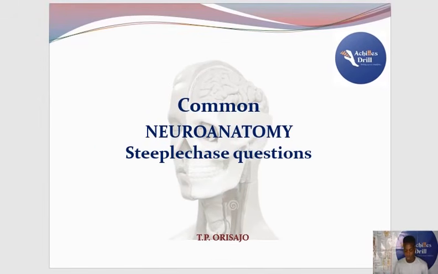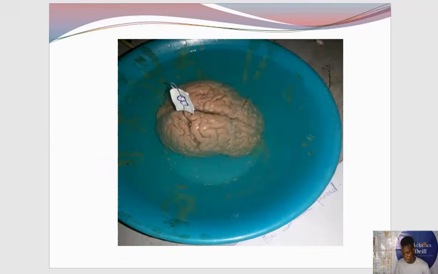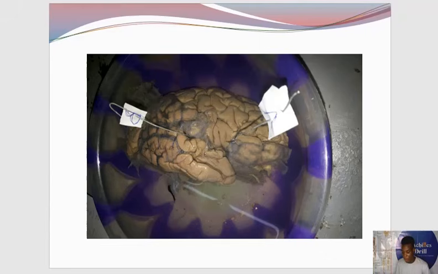Now, from this picture, you can see the superolateral view of the brain, and you can see right here that a structure has been pinned. If we are to be very specific, it is a sulcus right there that is pinned. So that is one view of the brain. There is still another one, still the same picture, just a better view. And then we come right here, we are taking a look at the lateral view of the brain.